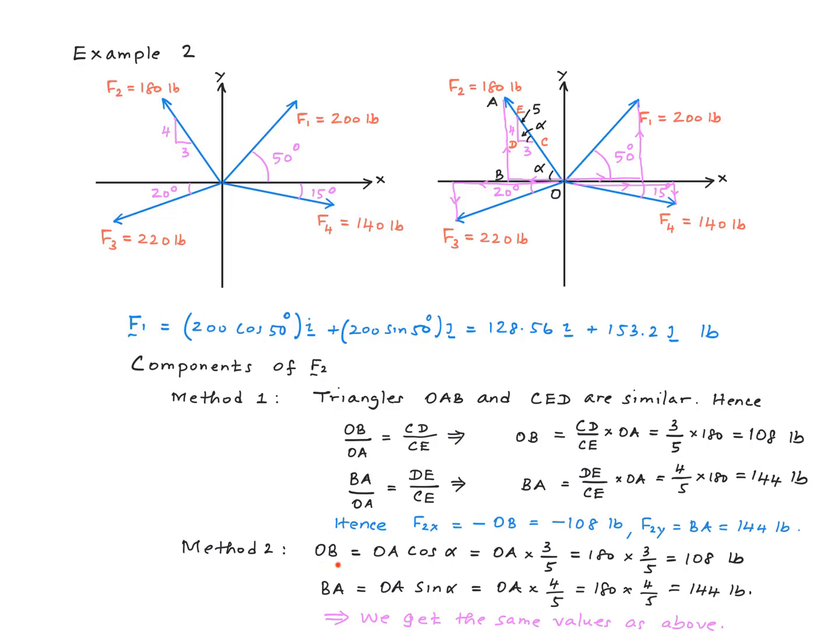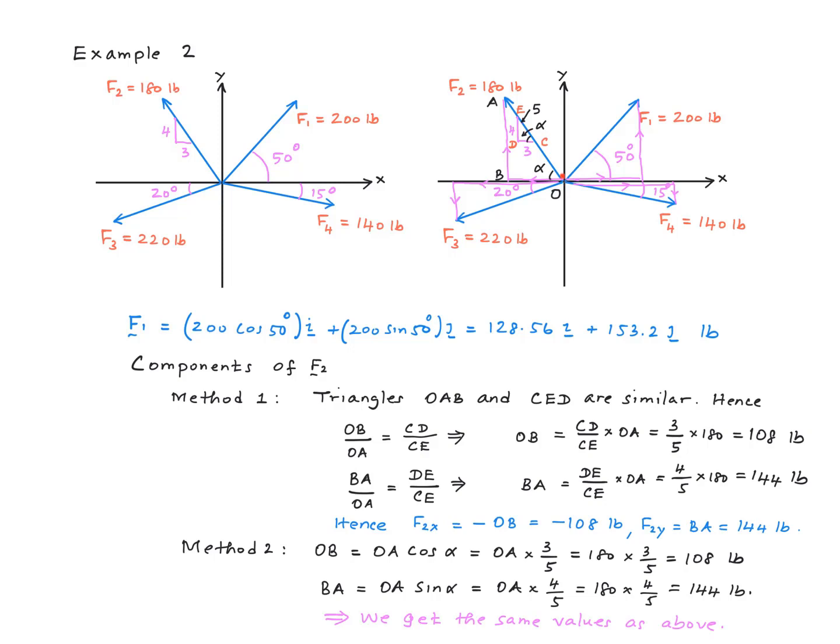And therefore, OB is simply OA multiplied by 3 over 5. OA is 180, and therefore we get 108 pounds for OB, like we did over here. Following the same approach, we get a value of 144 pounds for BA, which is the same as what we got in the earlier method.